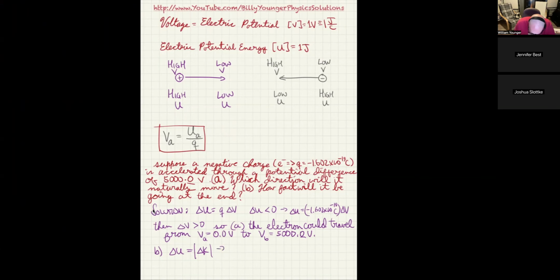So since delta U is supposed to be Q times delta V, we're just going to take the magnitudes of the numbers without any signs. So we got Q, which is 1.602 times 10 to the negative 19th coulombs, times the change in voltage.